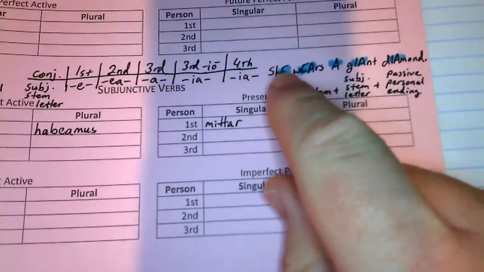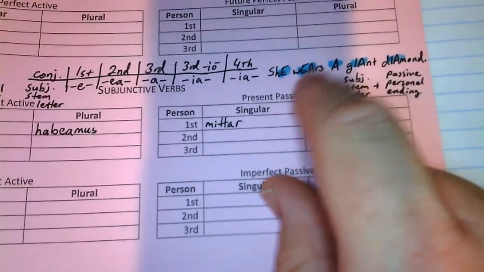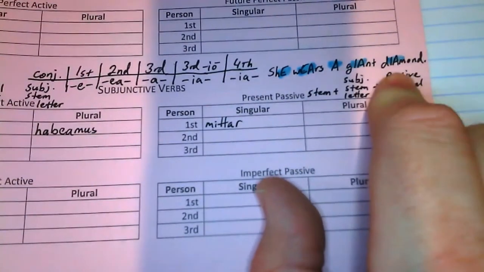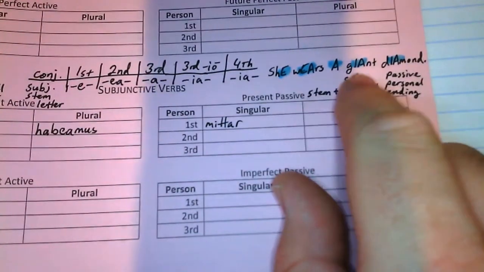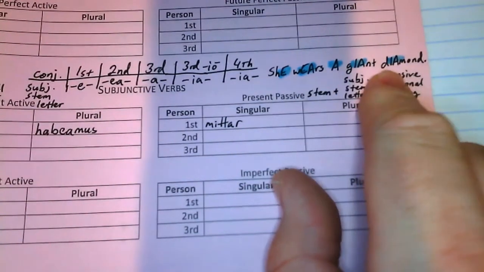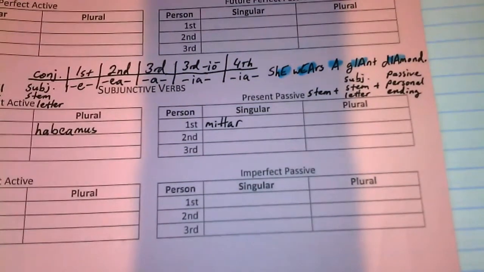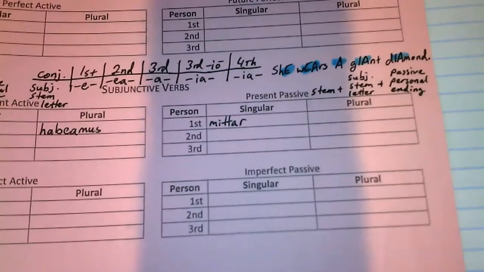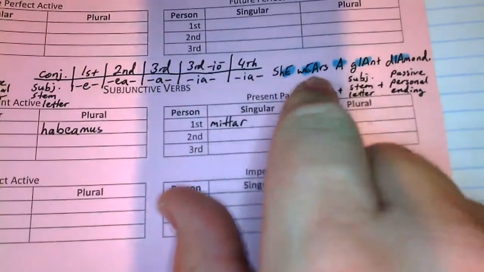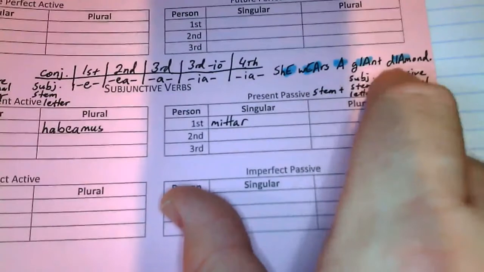So she has an E. That's the first conjugation subjunctive stem letter. Wears has an EA. That's the second conjugation subjunctive stem letters. Third has an A. Third IO has an IA. And fourth has an IA also. And you know there's no fifth, so you never get to the O there. So instead of remembering E, EA, A, IA, IA, just remember she wears a giant diamond.